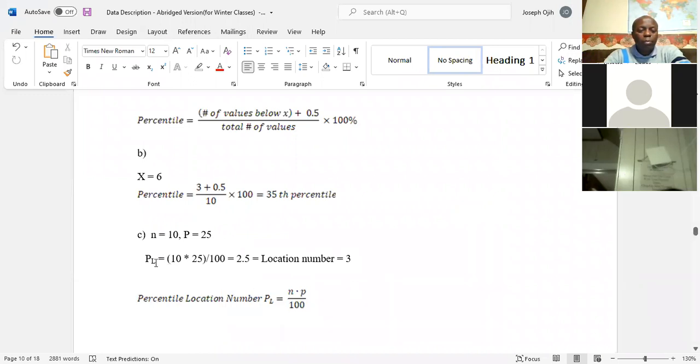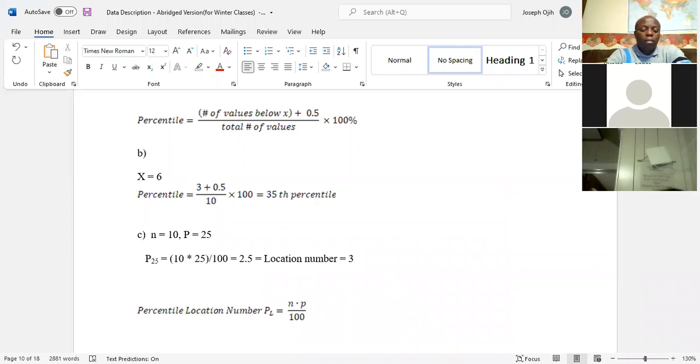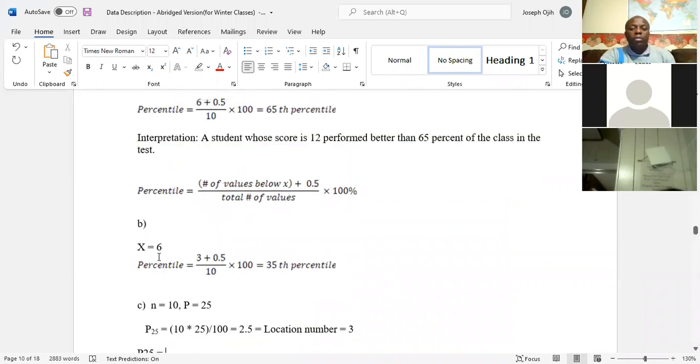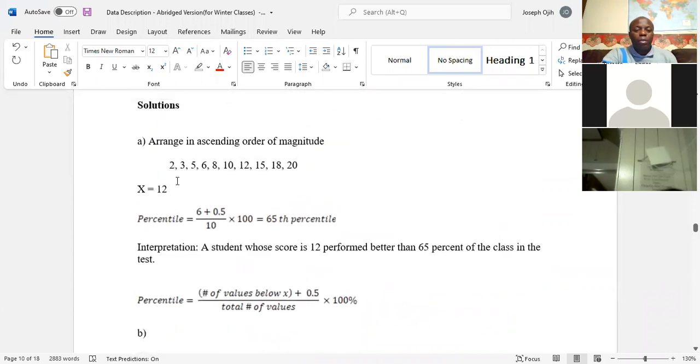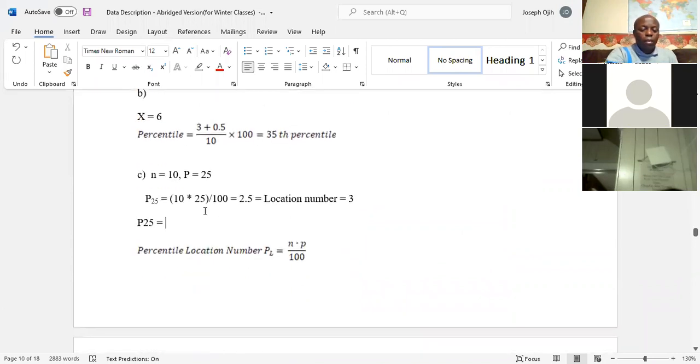So P25 becomes, now you go and count. This is the location number, it's 3. So you go and count 3 times: 1, 2, 3. So the answer is 5. The 25th percentile is 5.